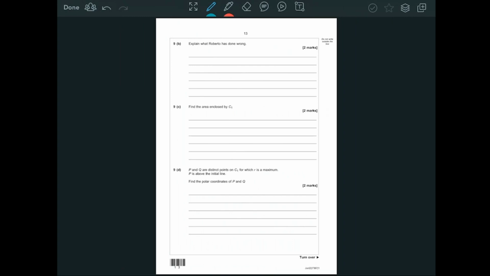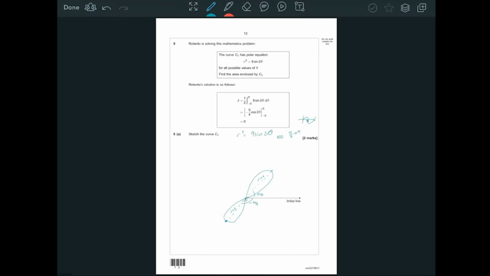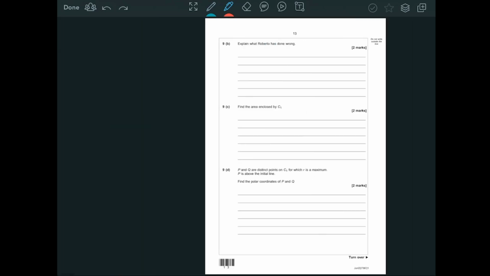Explain what Roberto has done wrong. So in his integral, it's including the non-existent 2 branches. There are 2 branches which are kind of here, which will be contributing a negative area which don't actually exist.